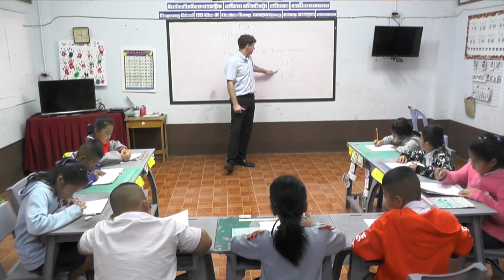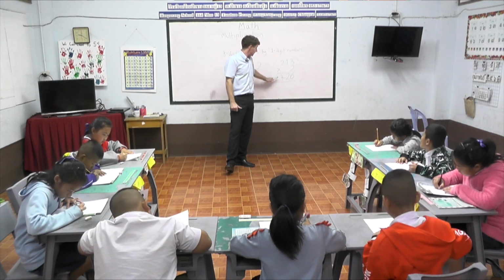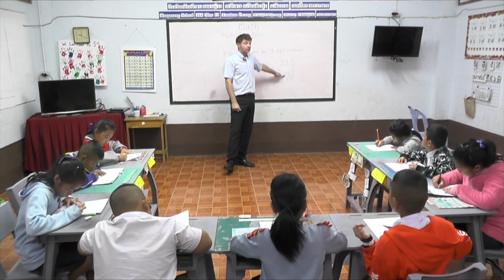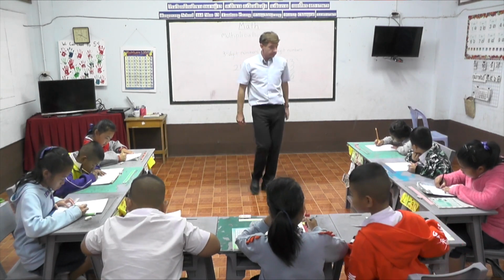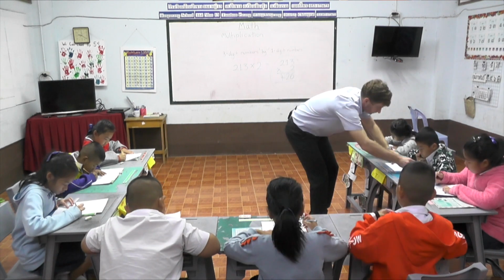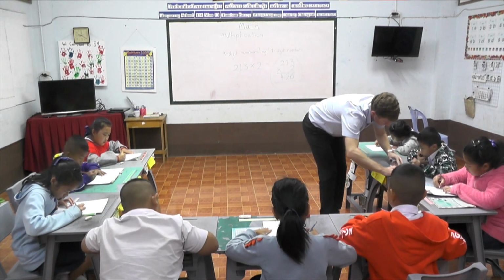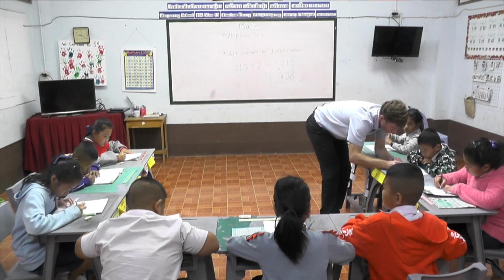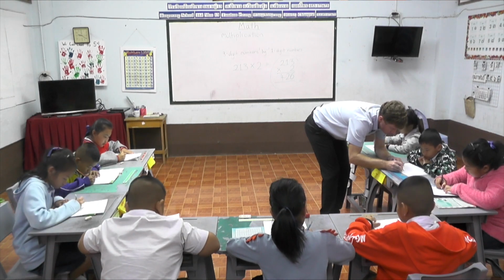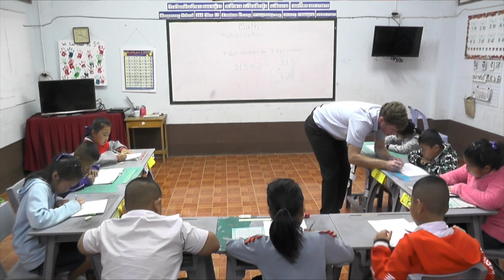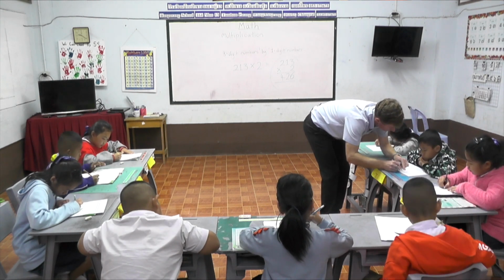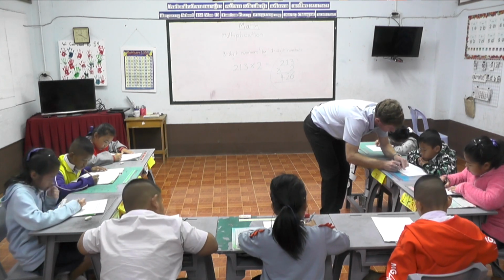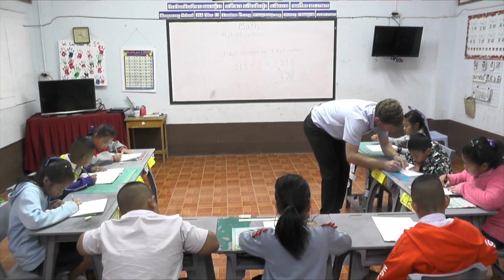213 times by 2 equals 426. Okay, so next one. 232 times, what's this number? 3.